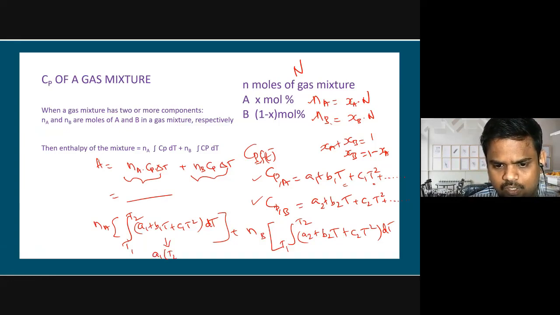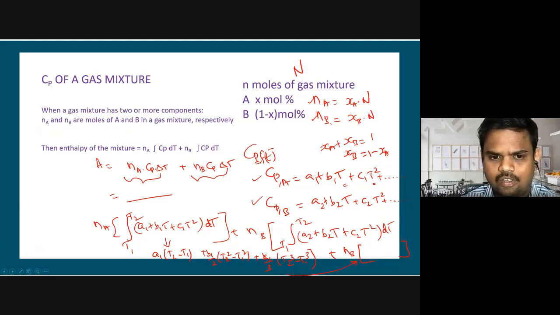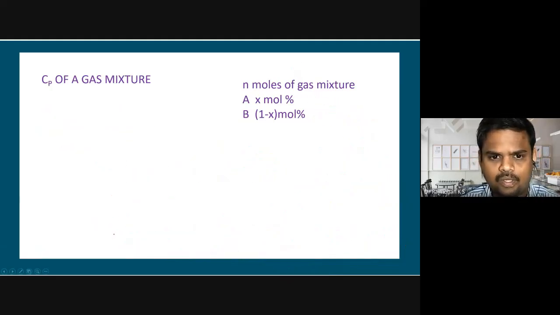A1 (T2 minus T1) plus B1 by 2 (T2 square minus T1 square) plus C1 by 3 (T2 cube minus T1 cube). Similarly we can write for Nb the same terms, with the A2, B2 and C2 terms. That way we should be able to solve numericals.